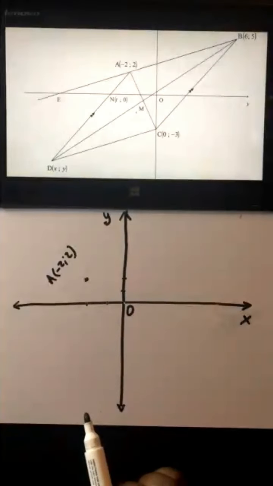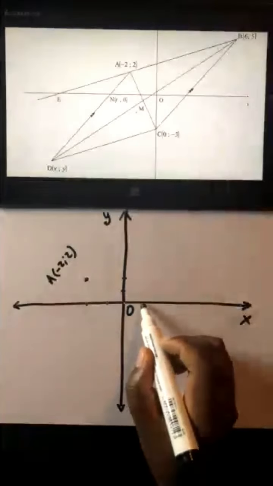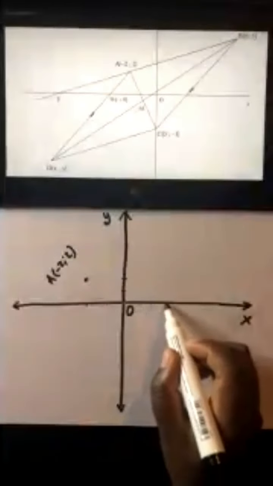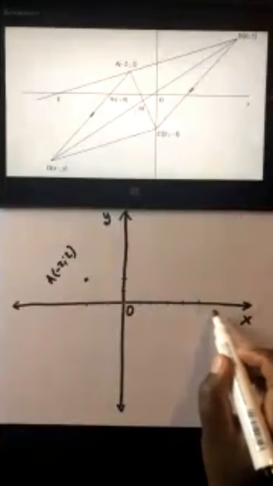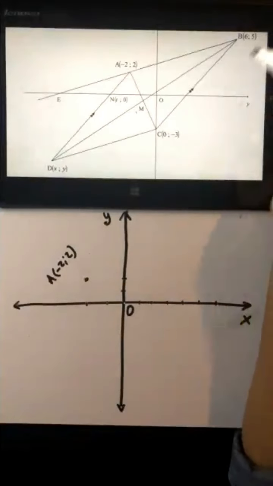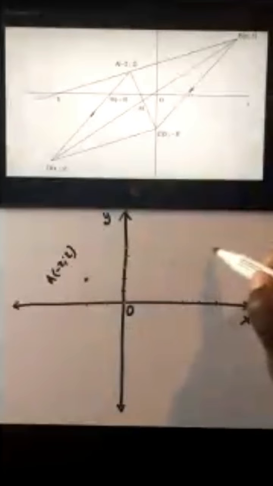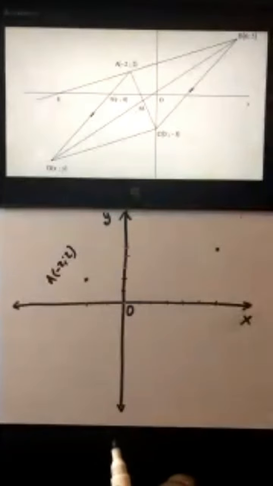Okay, so ladies and gentlemen, let's now check point B. So obviously X is 6, which means it's 1, 2, 3, 4, 5, 6. And then the corresponding Y value is 1, 2, 3, 4, 5. So that means point B could be somewhere there, ladies and gentlemen.